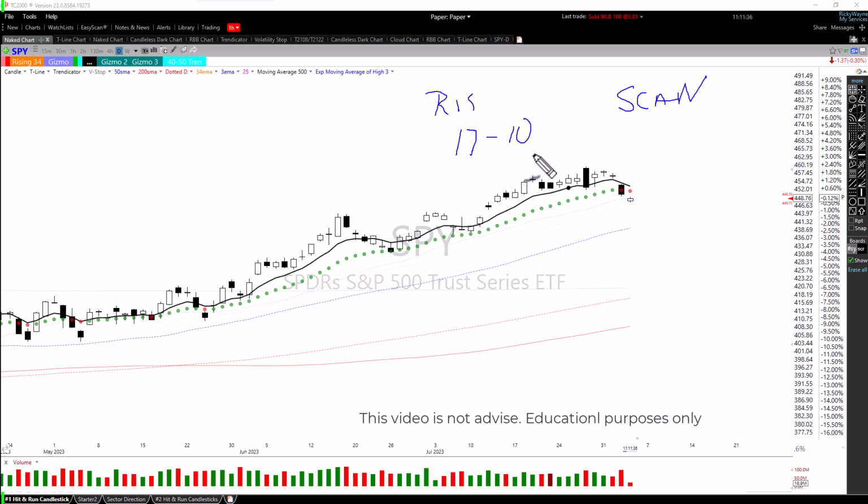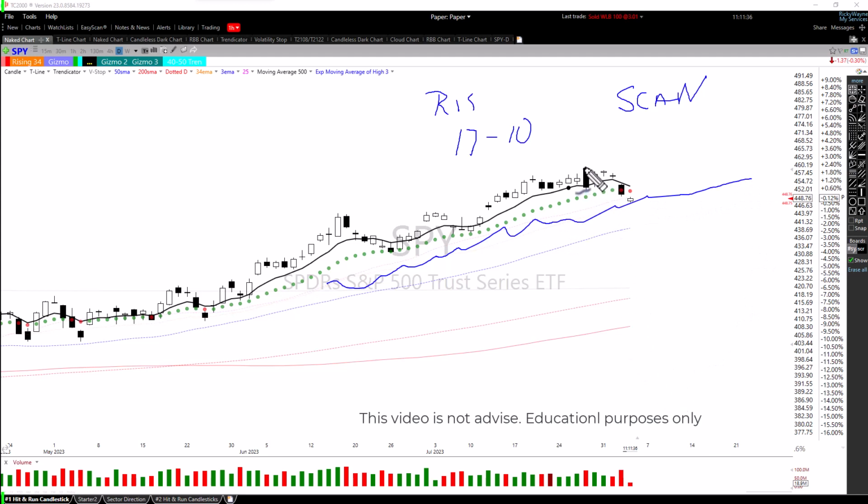Well, what I've realized with that, and that's great, don't get me wrong, this is sweet. But what I've realized is that if I just take a slower moving average and get a trend, you can see right there is the trend.